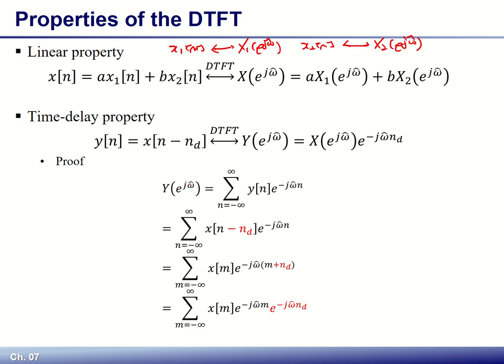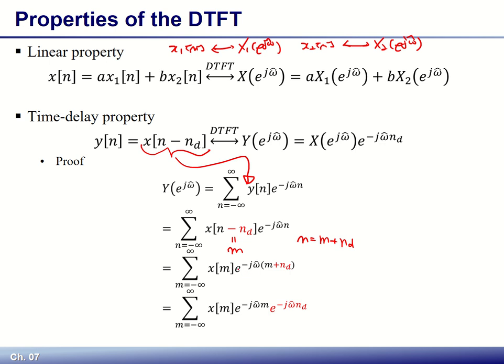Y(e^{j omega hat}) is the summation of y[n] e^{-j omega hat n} from minus infinity to infinity with respect to n. Let's put in here x[n minus nd]. We change the variable, so n is m plus nd.